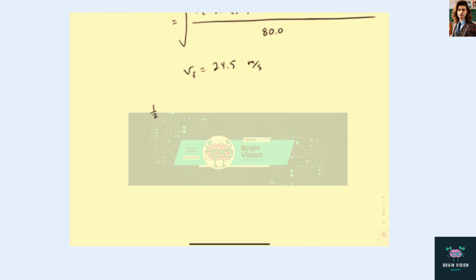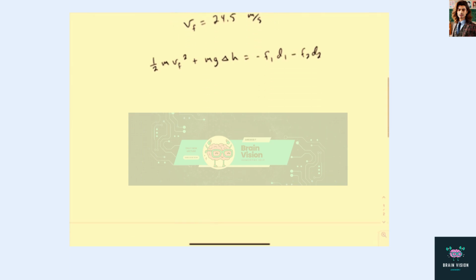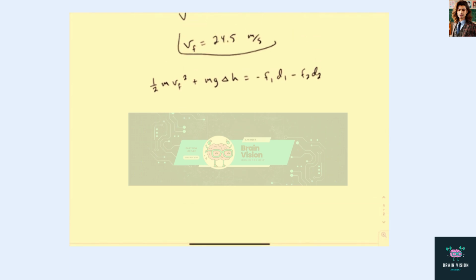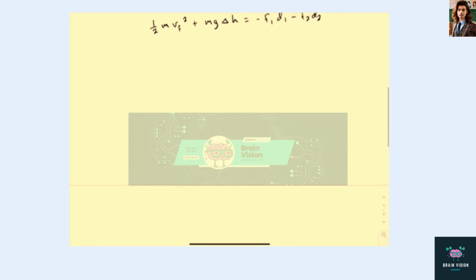We have 1/2 m vf squared plus mg delta h equals minus F1 d1 minus F2 d2. And now we know the final velocity. It's not the answer we got in the last part, but it's given to us as 5 meters per second.